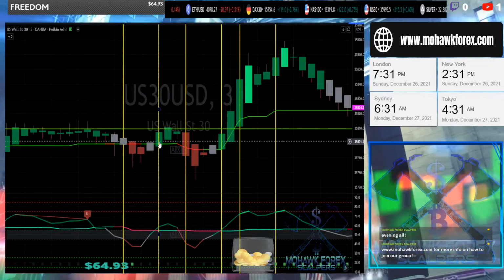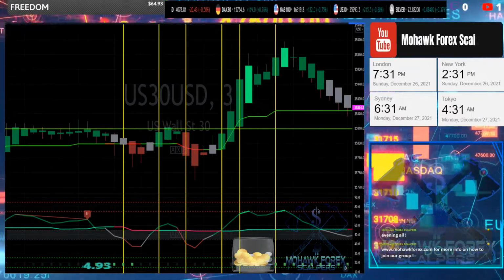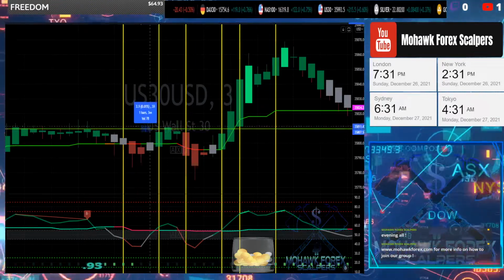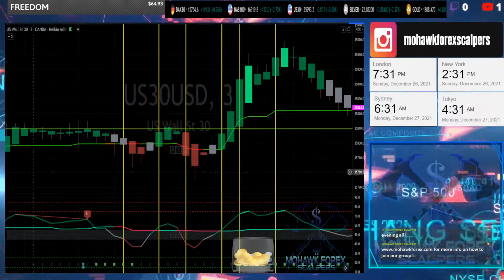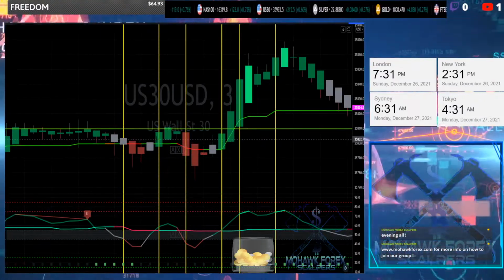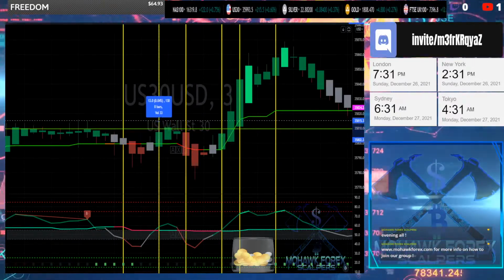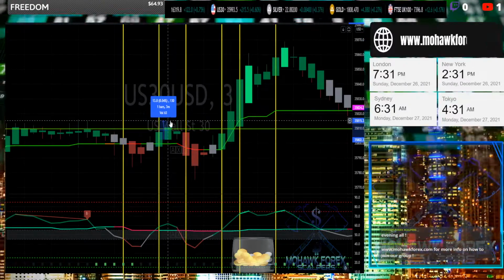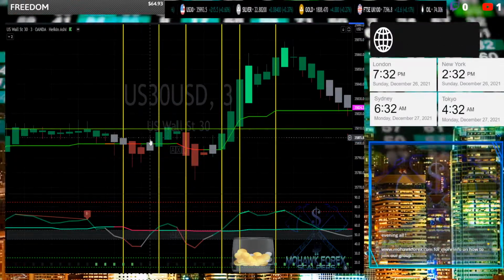It could be halfway through that candle, could be the bottom, could be the top, doesn't really matter. And again, we're looking for 10 points. So from the top you're going to get 5, but say you caught it from the middle, fair assumption, then you're going to get your 100 points, which is 10 pips. So that's a winning trade again.